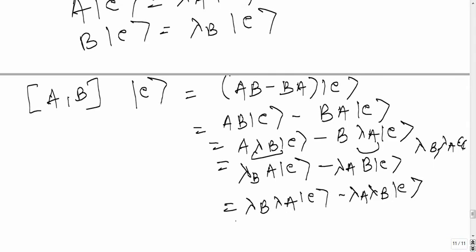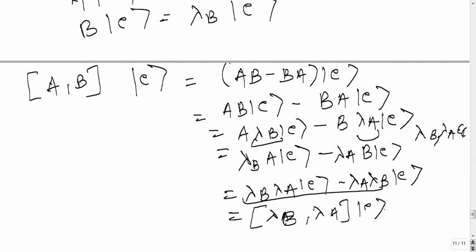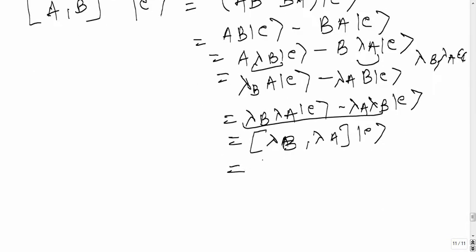So this E we can take as common, and the remaining thing is nothing but a commutator between lambda_B and lambda_A, and they always vanish because two numbers always commute, and this is 0.